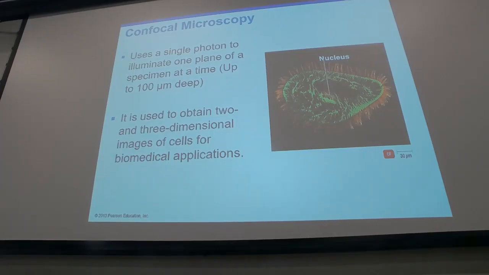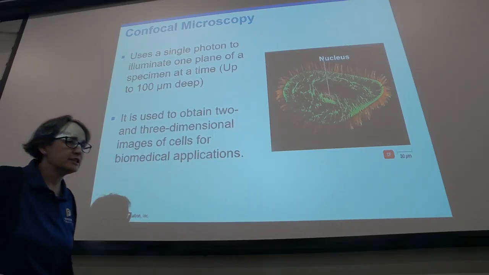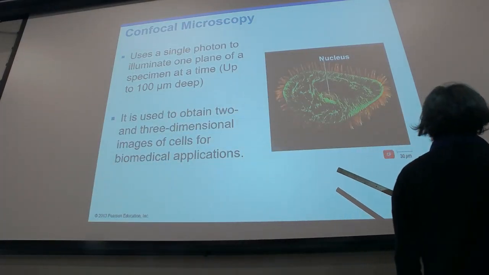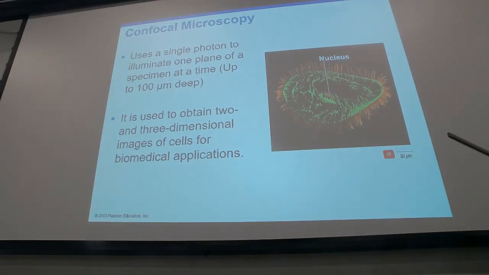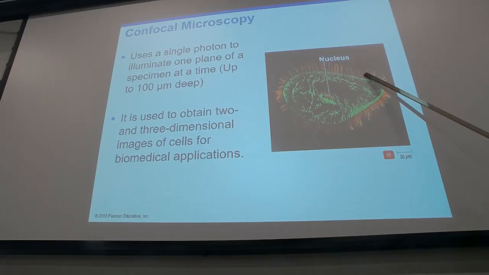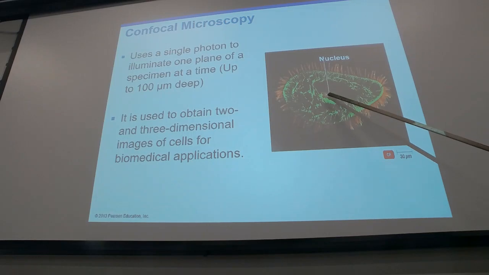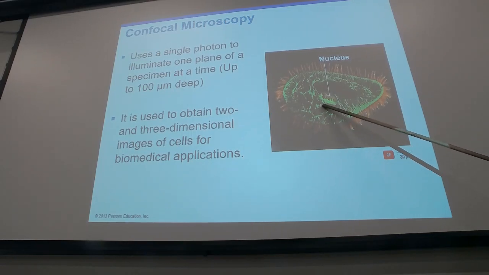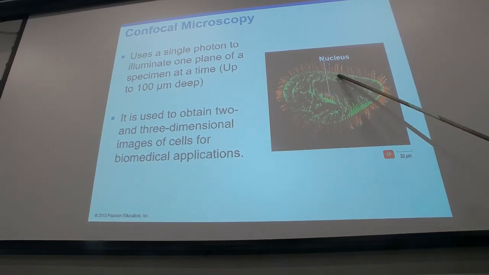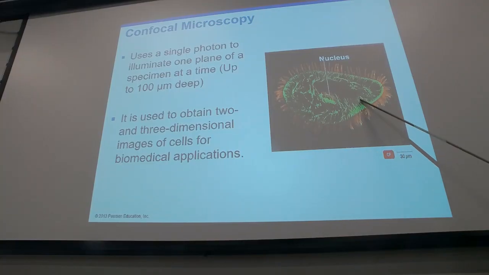So this is the previous specimen, but now seen with confocal. So we have used, in this case, 2 types of fluorochromes, orange for the pili and also for the nucleus, which is seen in here, and green for the cytoskeleton.